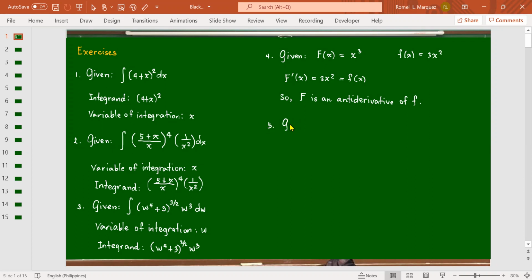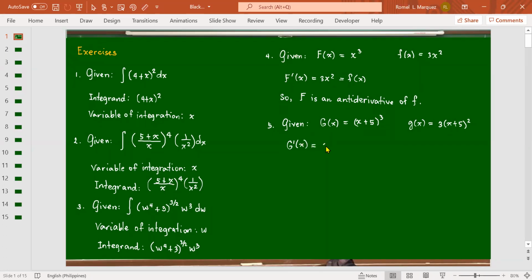So let's say we're given capital G of x equal, for instance, to (x plus 5) raised to 3, and small g of x is equal to 3 times (x plus 5) quantity squared. If I get the derivative of big G, what will I get, guys?